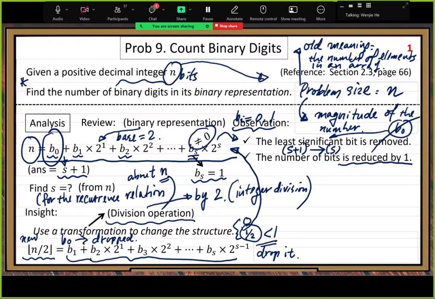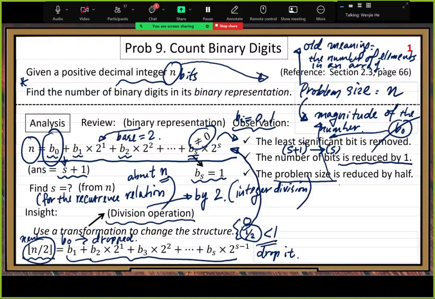But when we write our final formula, we cannot use S. We need to use N. The problem size reduced by half. I just talked about the problem size, the magnitude. What's the problem size? The problem size is n over 2.